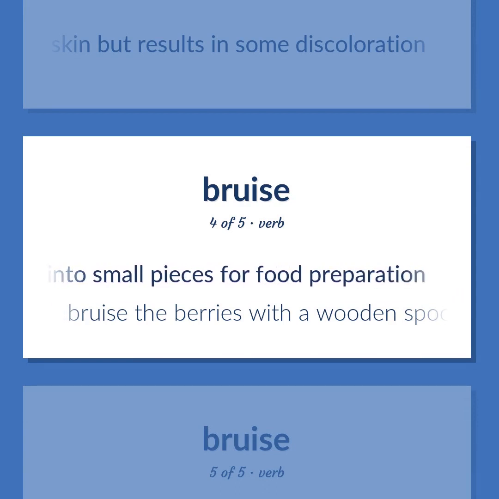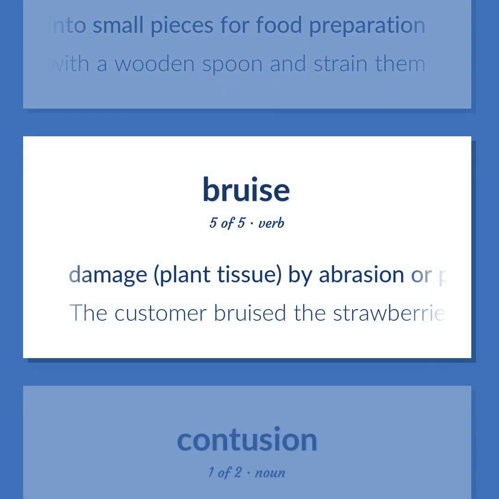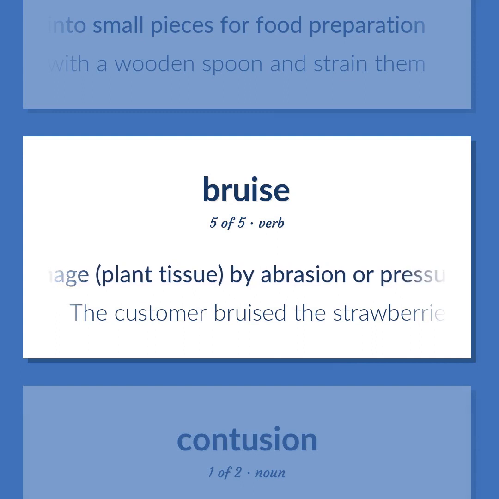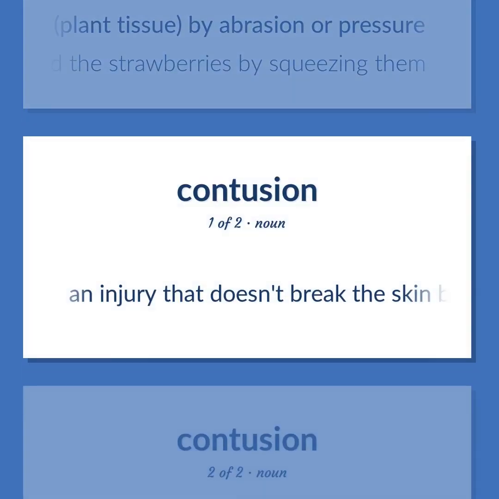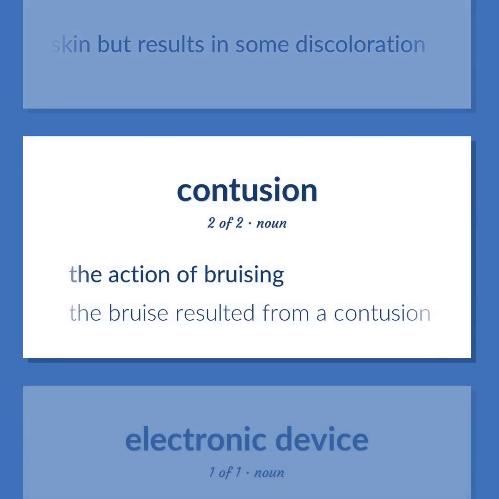Bruise the berries with a wooden spoon and strain them. Damage plant tissue by abrasion or pressure. The customer bruised the strawberries by squeezing them. An injury that doesn't break the skin but results in some discoloration. The action of bruising. The bruise resulted from a contusion.